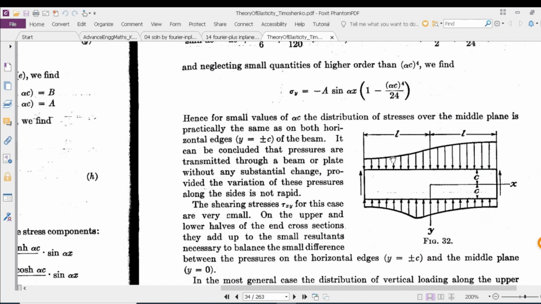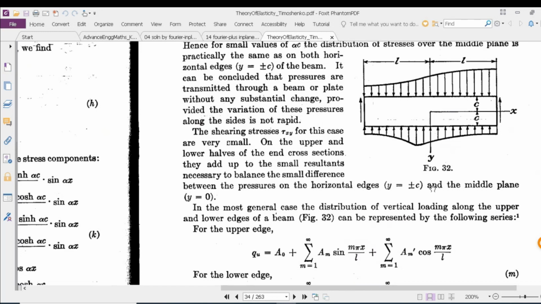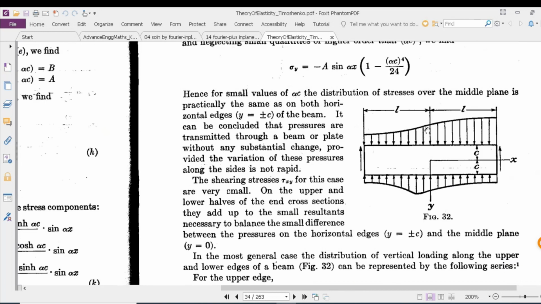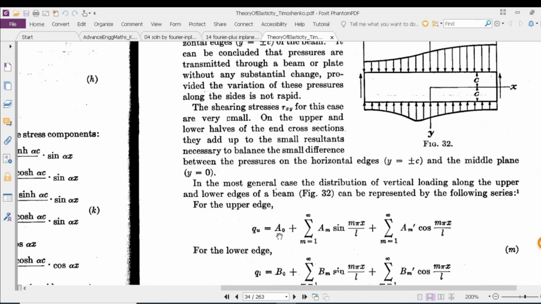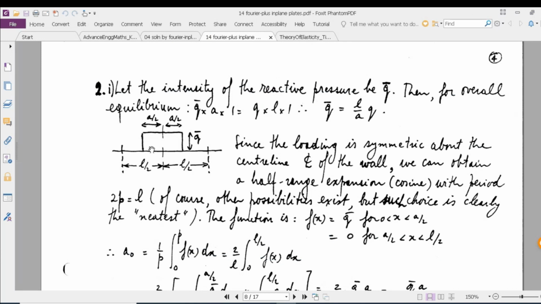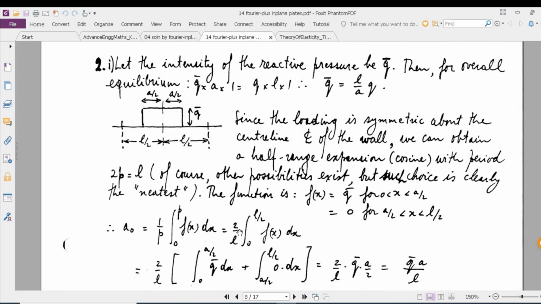We have got a load, both at the top and bottom, that can be converted into a Fourier series. And then we can use this approximate function to get our boundary conditions and finally determine our constants.